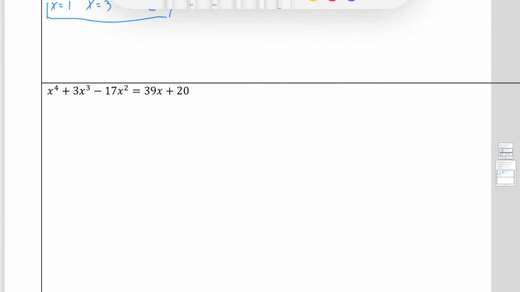For this next equation, it has to be set equal to 0. Let's move some terms. x to the 4th power plus 3x to the 3rd power minus 17x squared minus 39x minus 20. I moved them to the left side by subtraction, equals 0. So let's just find f of 1.